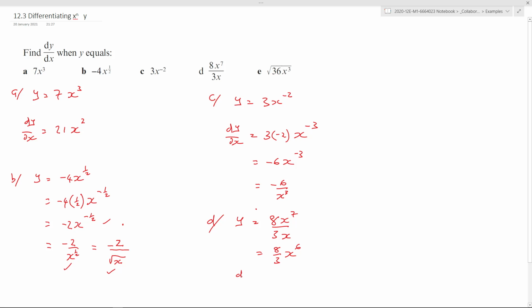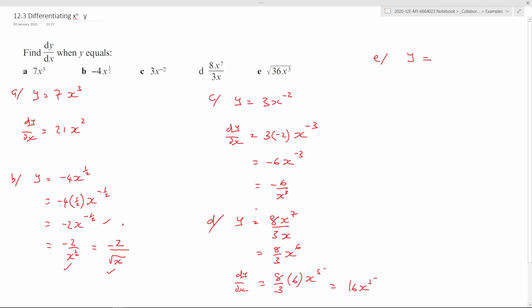We can differentiate now. Gives us 8 over 3, constant stays the same, times the 6, and it's going to be x to the power of 6 minus 1, which is 5. 3 goes into 6 2 times, so 2 times 8 gives me 16, so that would be 16 x to the power of 5. And we've got e.